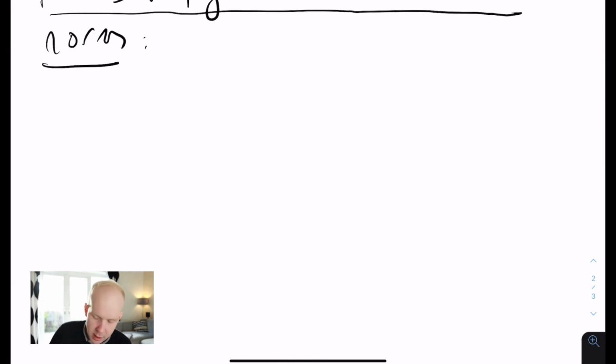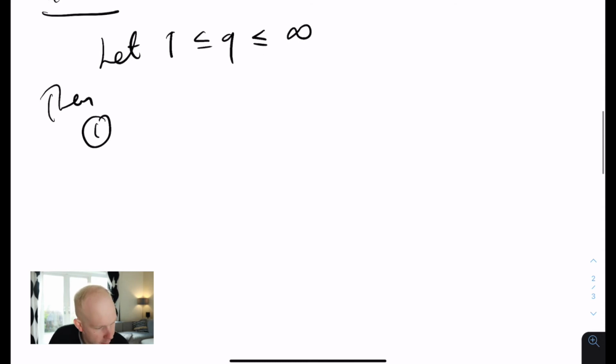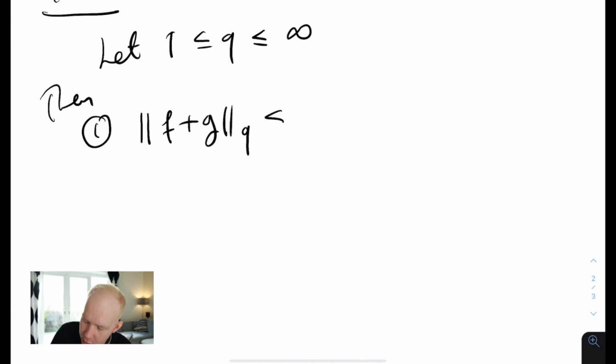Basically, first of all, let q be in [1, ∞]. It includes infinity, we can assume. Then we have the following property 1, which is saying that you have this subadditivity or triangle inequality. Then the q norm of f plus g is always at most the q norm of f plus the q norm of g.